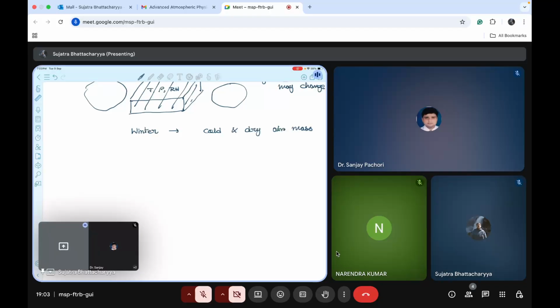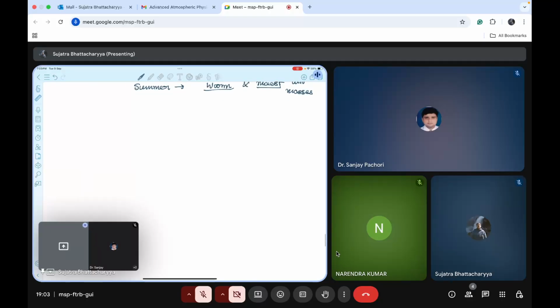So in winter, we generally have cold and dry air mass. Similarly, in the summer, it can also be warm and dry, but generally warm and moist air masses can be seen. Generally, okay. The opposite can happen. Like cold and moist can be there, warm and dry can be there.